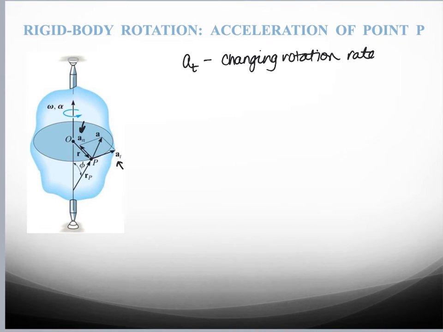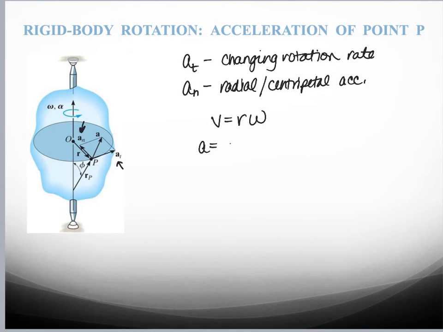And then the normal component is a radial acceleration, or centripetal. So we used v is equal to r omega. Acceleration is going to be caused by a change in the magnitude of the speed of the velocity. So that's going to be r d omega dt, which is equal to r alpha. That's our tangential acceleration.